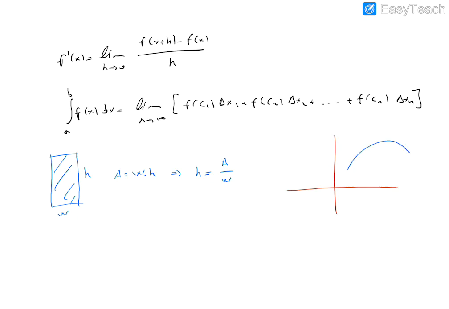This is our graph, for example, from a to b. This is the rectangle.